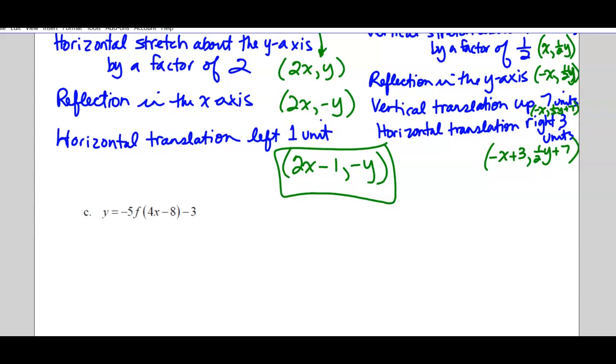Okay, so looking here, coefficient of f is -5. We're going to leave the negative, that's a reflection. So the 5, because it's outside, so in front of the f, that means it's a vertical stretch by a factor of 5. If it was over here, it would be 1/5 y. Okay, so this is vertical stretch by 5.